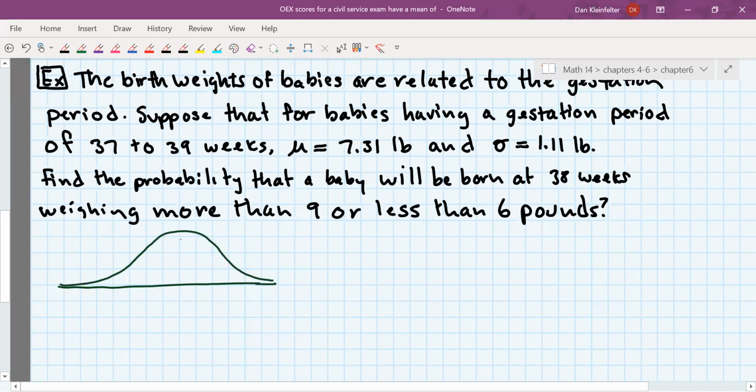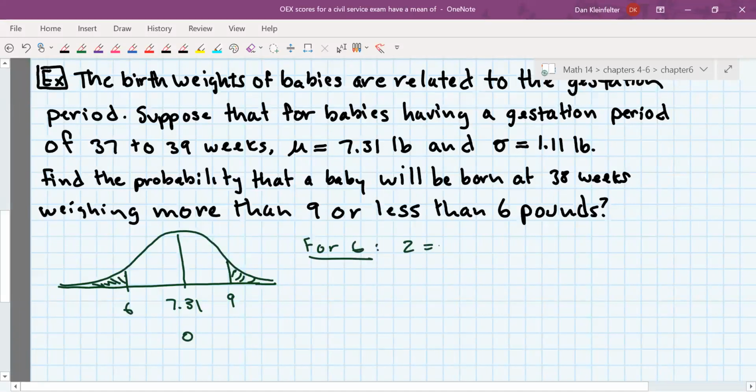So the mean was 7.31 pounds. We're interested in the probability of being more than 9 pounds or less than 6 pounds. So what we'll need to do is turn those two X values into the corresponding Z scores and look up a couple of probabilities. Let's start with 6 first.